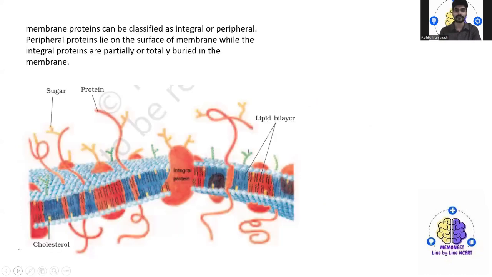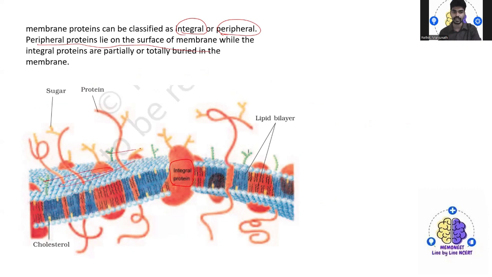Then the membrane proteins can be classified into two types: integral proteins and peripheral proteins. So what are peripheral and integral proteins? Let us concentrate on that. Are you seeing here? This is an integral protein. Peripheral proteins lie on the surface of the membrane.